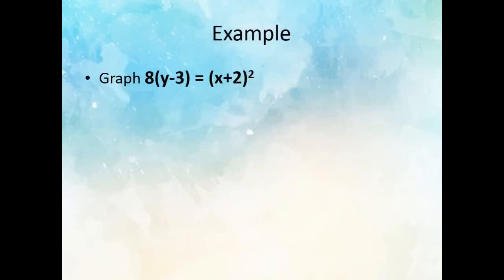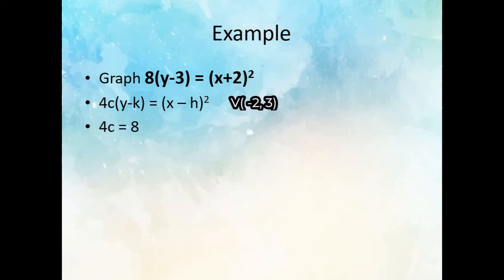Let's have another example. Graph 8(y − 3) = (x + 2)². This follows the pattern 4c(y − k) = (x − h)². So 4c is equal to 8. c is equal to 2.